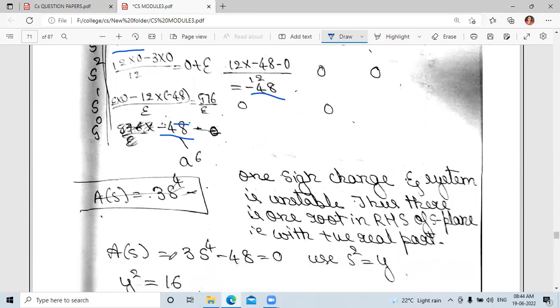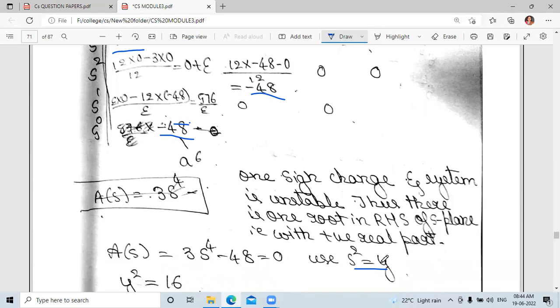So A of s equals, the equation you have taken before, 3s to the power of 4 minus 48 equals 0. Here, in order to find the roots, it is difficult, right? So we can take s to the power of 4 as s squared. So s squared equals y, we can consider.